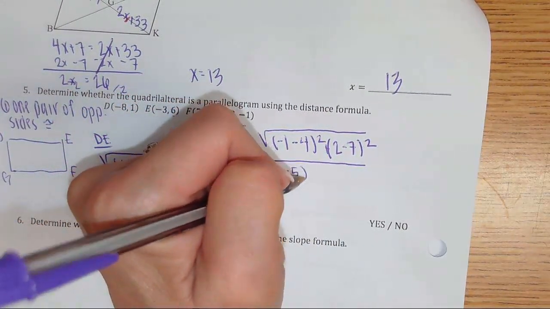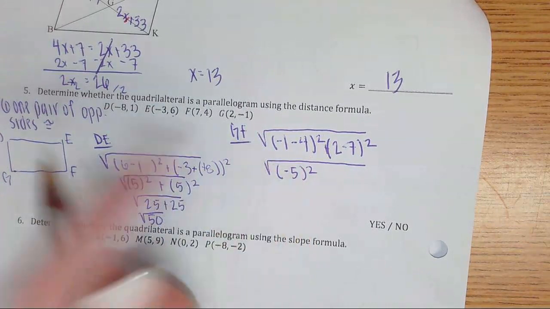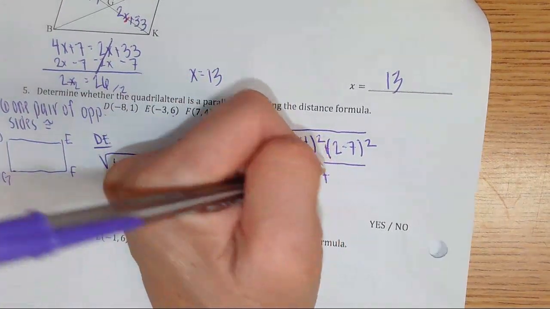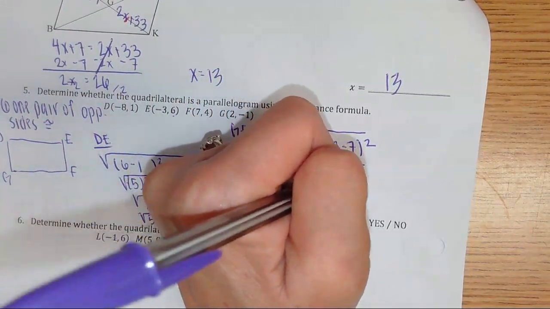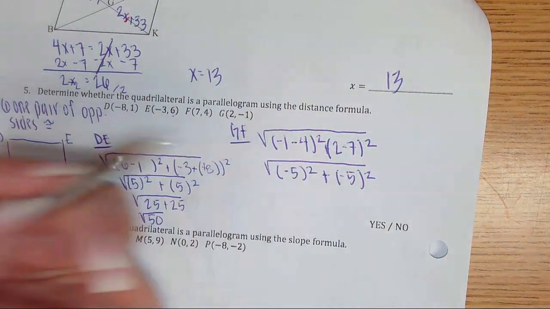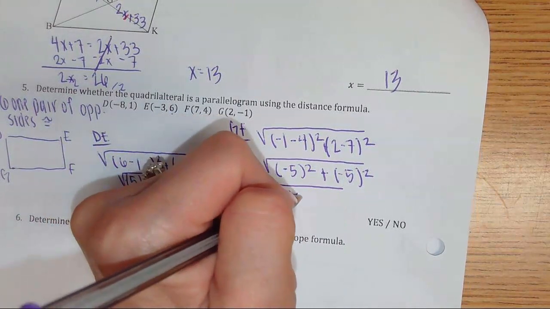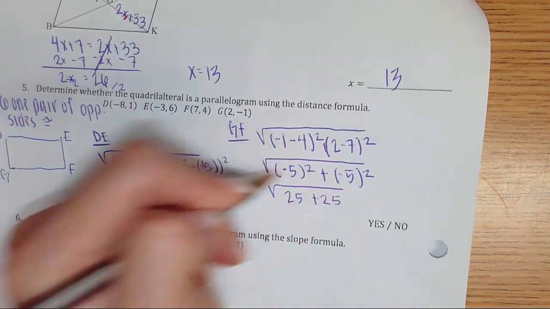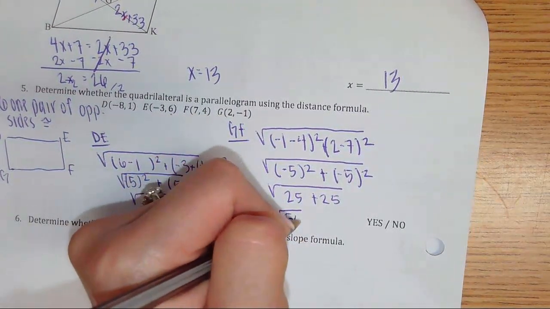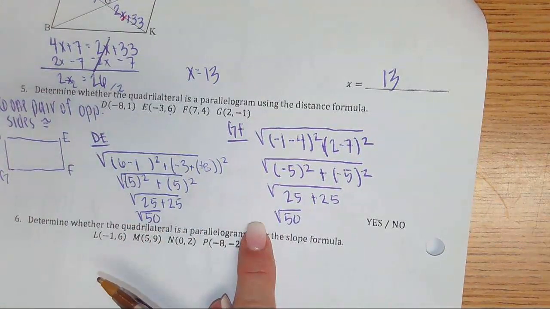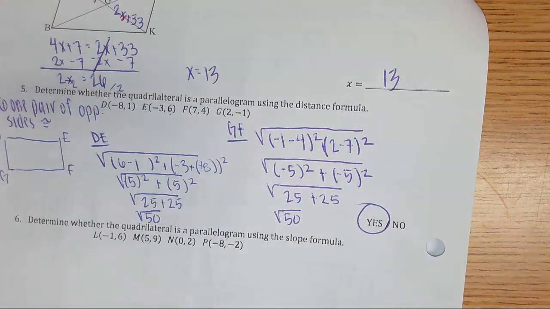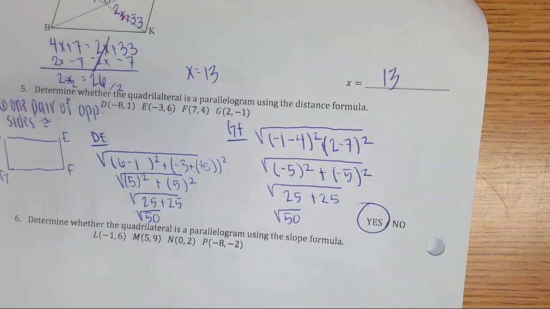So I'm going to have negative 5 squared. Negative 1 minus 4 is negative 5 plus negative 5 squared, which is looking familiar, right? All right, so I'm going to have 25 plus 25 equals root 50. They are both equal to each other, so yes, it is a parallelogram.